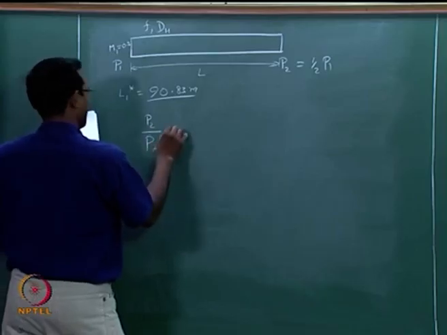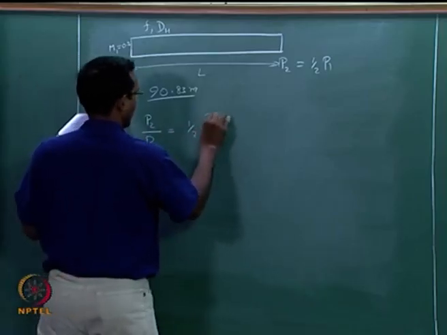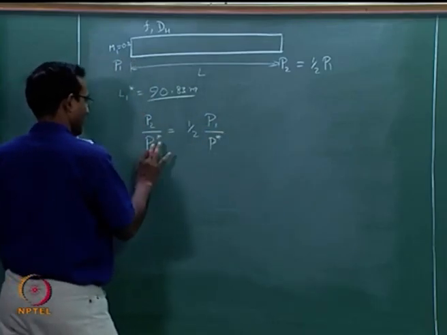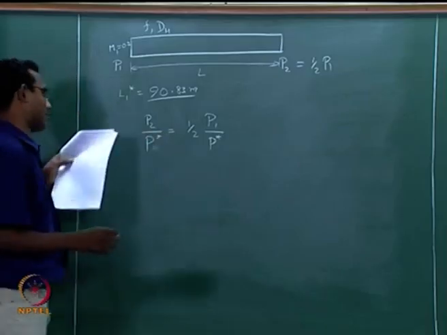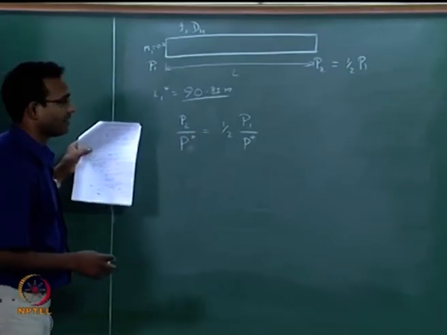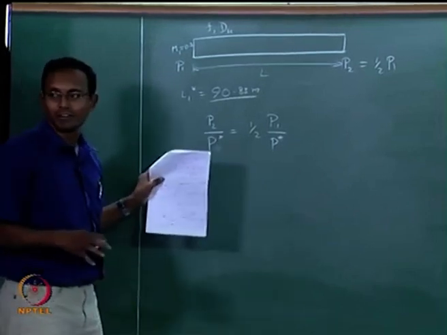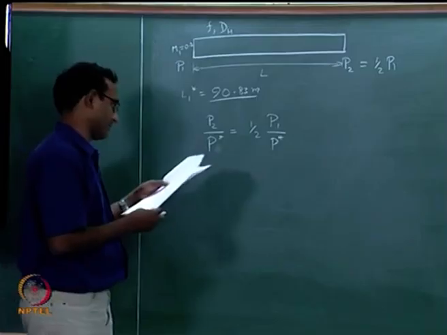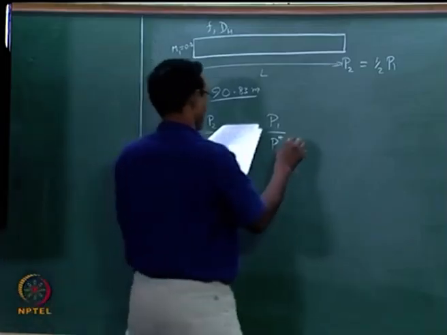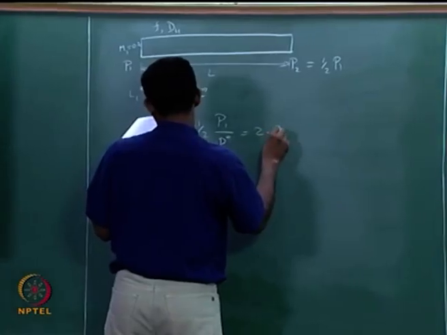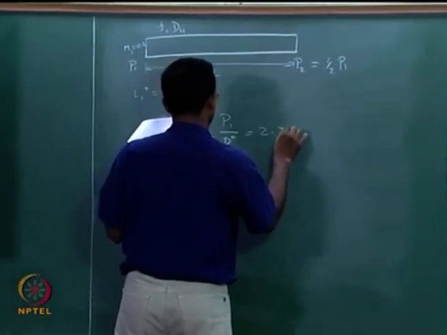P2 by P star we know is equal to P1 by P star divided by 2. It looks like I am switching star up and down, just keep it as up for now. So, we know this because P star is going to be the same whatever if my initial condition is fixed. Okay. So, I am going to end up with this being equal to 2.728.